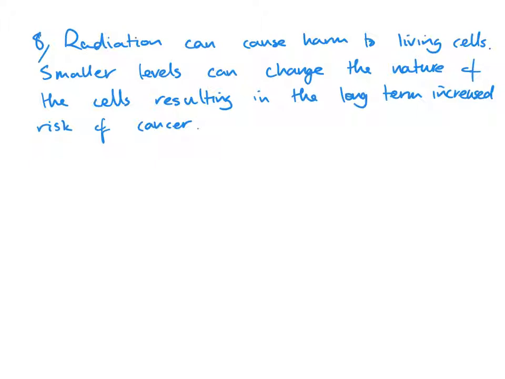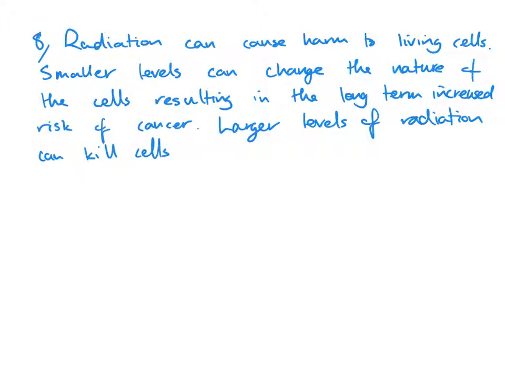Larger levels of radiation though, right, can so alter the nature of a cell that they kill it outright, basically. So that's the two main risks. You've got the small level, long-term risk, and high level, short-term, immediate damage.